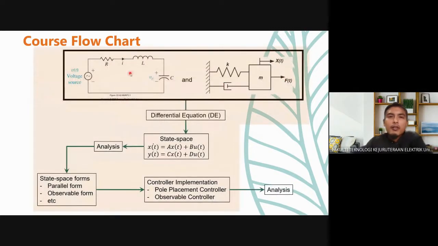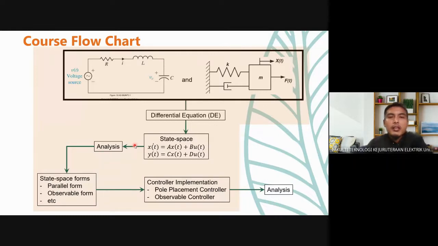Okay, so far you have learned about two types of system, electrical system and mechanical system. And after that, you convert this system to a differential equation, and then you obtain the state space of the equation. Actually, there is another one here, from state space to transfer function, and then from the transfer function to the state space. And then after that, you do the analysis such as the stability of the system.